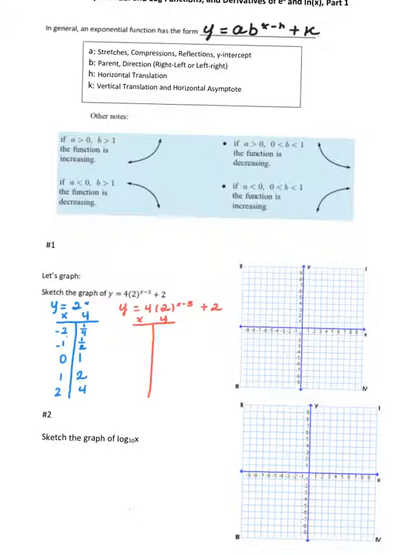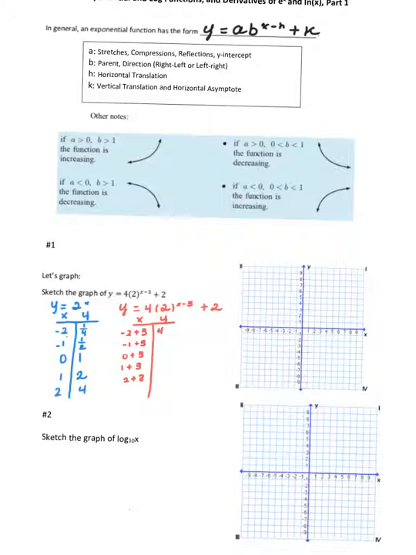So you're going to take your x value, you're going to add 3 because you are moving to the right 3 units. And then your corresponding y values, you're going to multiply them by 4 and then add 2.